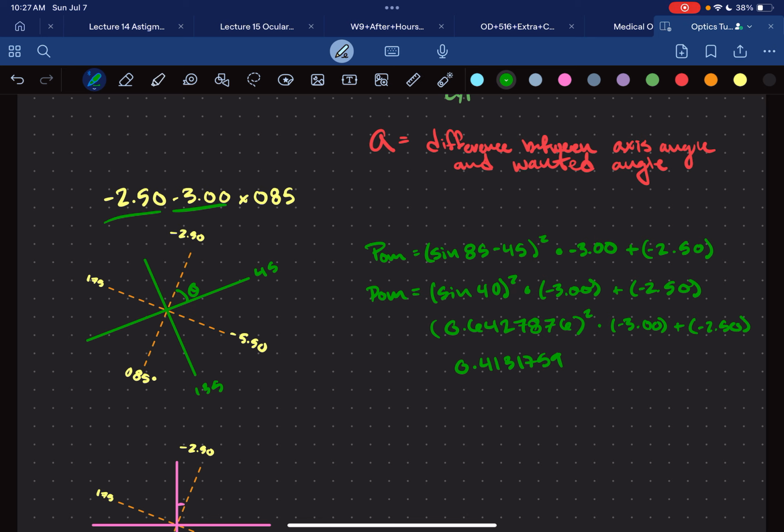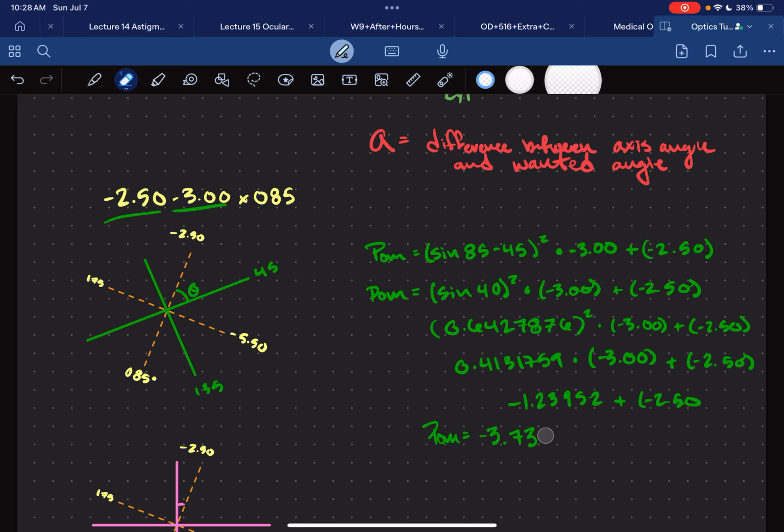I'm going to times that by a negative 3, and that will give us negative 1.23952, and so on. I'm going to add that to a negative 2.50, and that will give us negative 3.739. I'm just going to round it to 3.74 diopters.